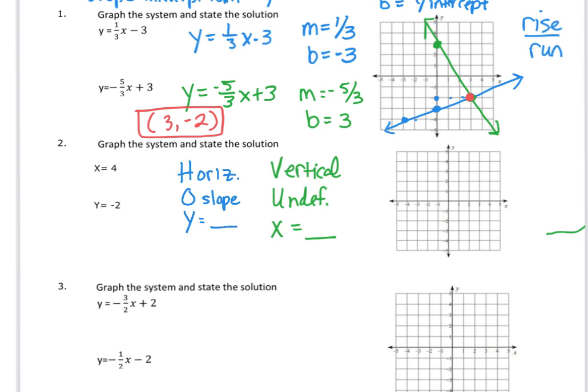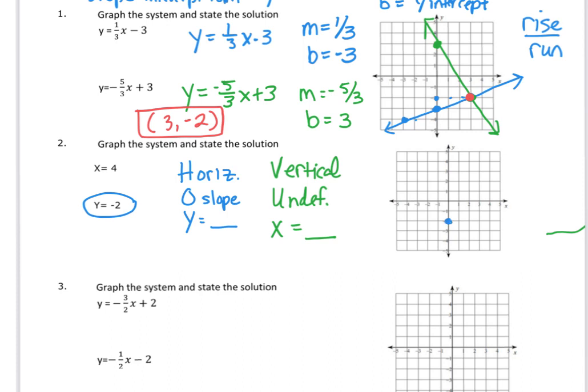Okay, so if I take a look at graphing x equals 4 and y equals -2, let's start out with HOY since I'm here already in blue. Okay, this equation, y equals -2, is a horizontal line. So I put my point on y equals -2.